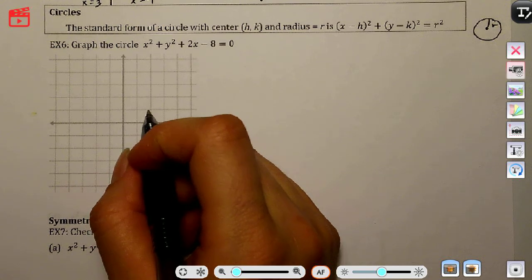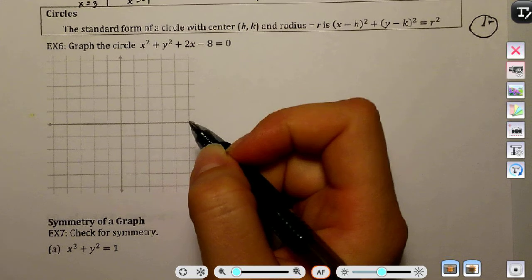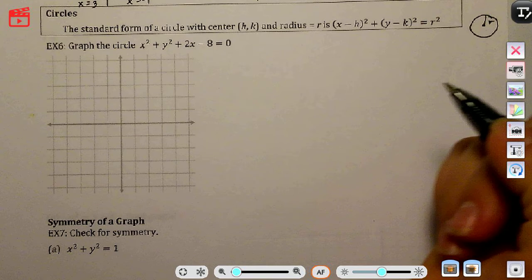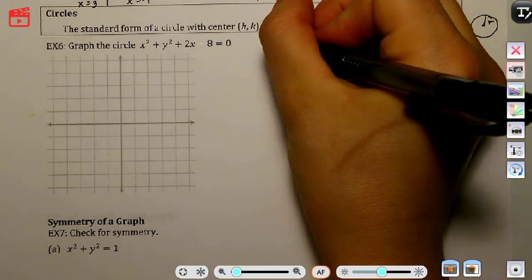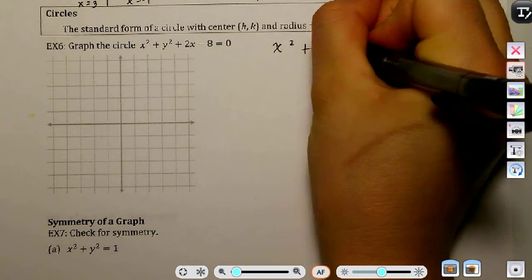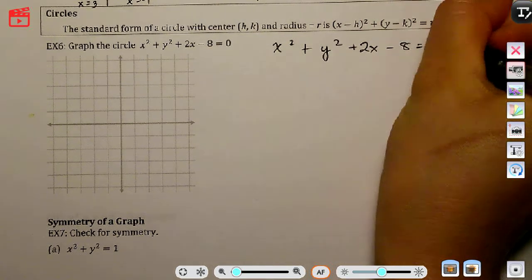All right, so in order to graph the circle, I want to get this into center-radius form, which means I'm going to need to complete the square. Okay, so here we go. Let's start. Plus 2x minus 8 equals 0.